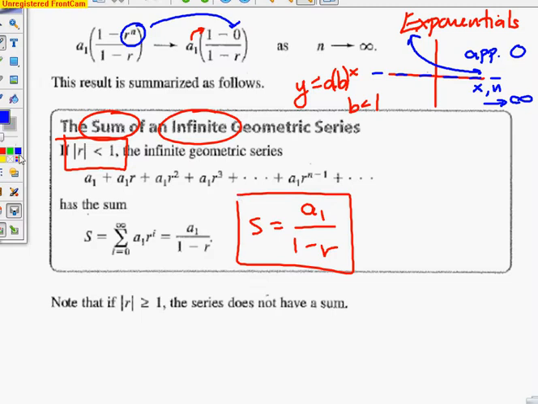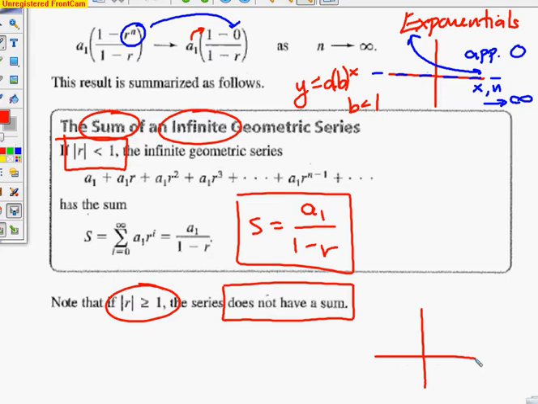Now, if your r is bigger than 1, then you'll see it does not have a sum. And here is the reason why. If r is bigger than 1, then when you graph it, it is a growth graph. And as x or n goes to infinity, look what happens to your graph.